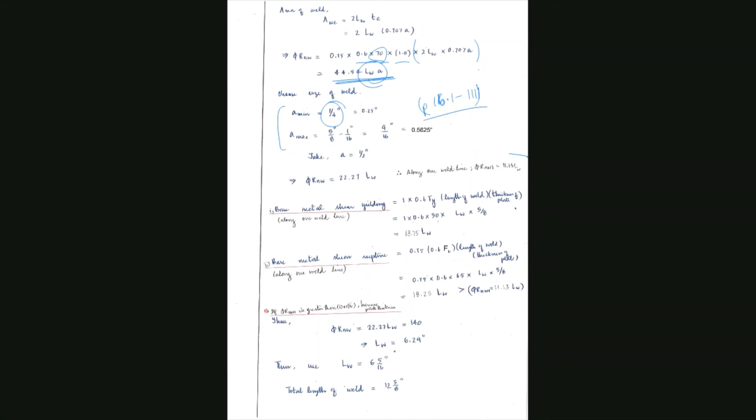You see that we have used 5/8 of an inch. So for that particular thickness, the minimum size of the weld is 1/4 of an inch. This is available in the manual.